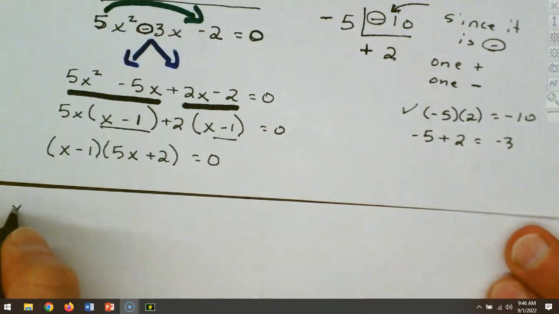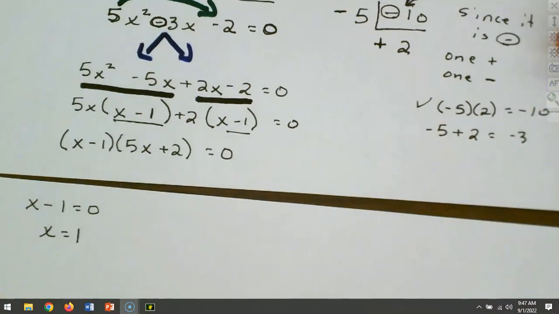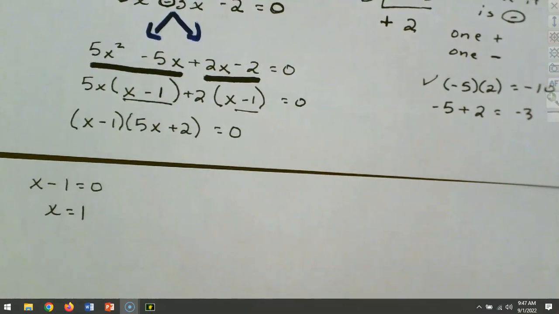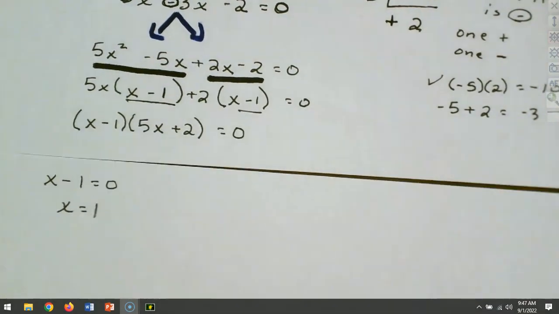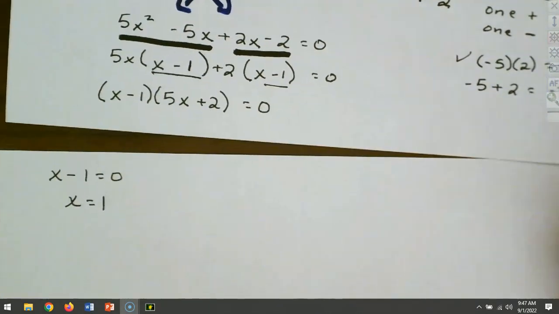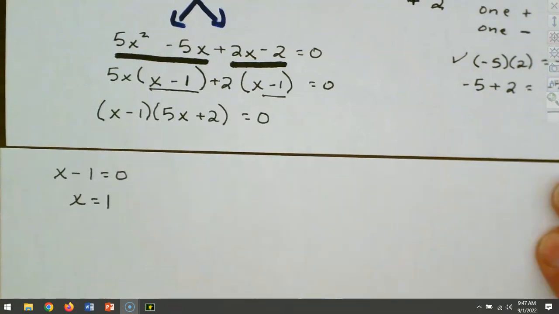So we've got x minus 1 equals 0. So one solution now, so it's not so crooked here, is x equals 1. Right? Move it over. Watch your signs and be careful with that. So x equals 1, that's one of the solutions. What about the other one? How do we get the other one?